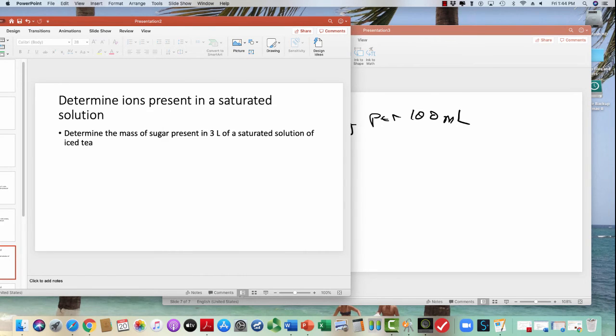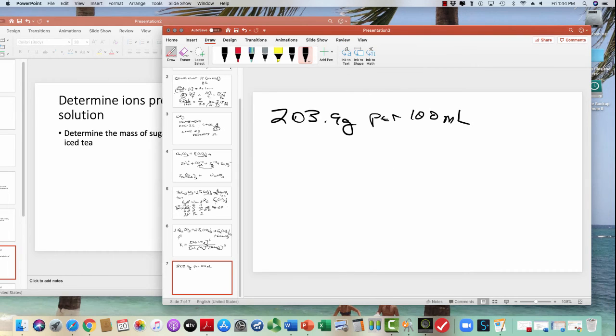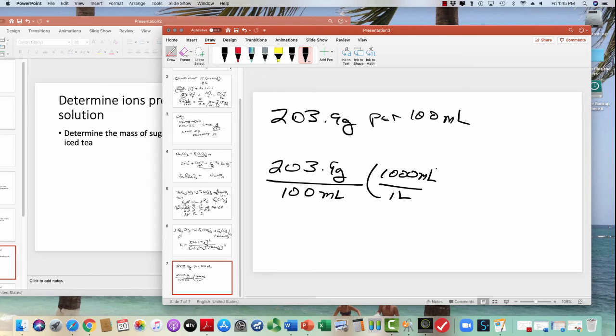I want to know how much sugar's in there if we got 3 liters. So concentration, 203.9 grams per 100 milliliters. And then we're going to take that as 1,000 milliliters per 1 liter. And then we're going to take 3 liters.